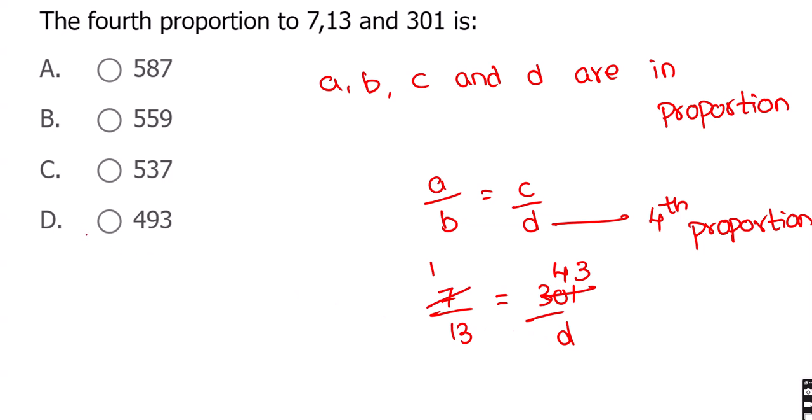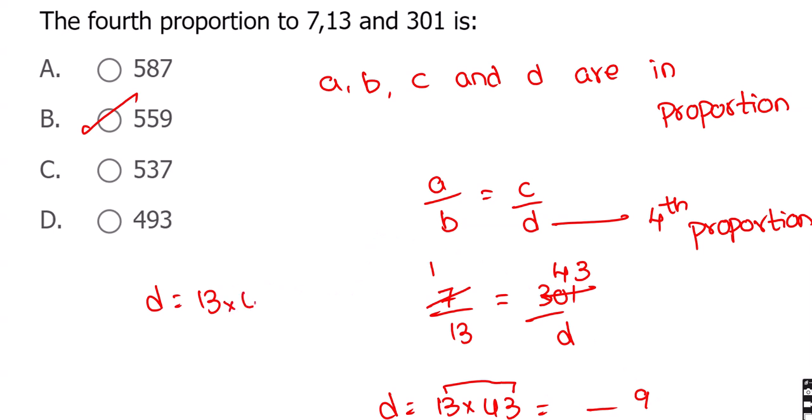So it ends with 3. See, calculator is not allowed. Instead of doing the entire calculation, what we'll do is D is 13 into 43. 3 into 3 is 9, so your answer should end with 9. So your D value is 13 into 43.